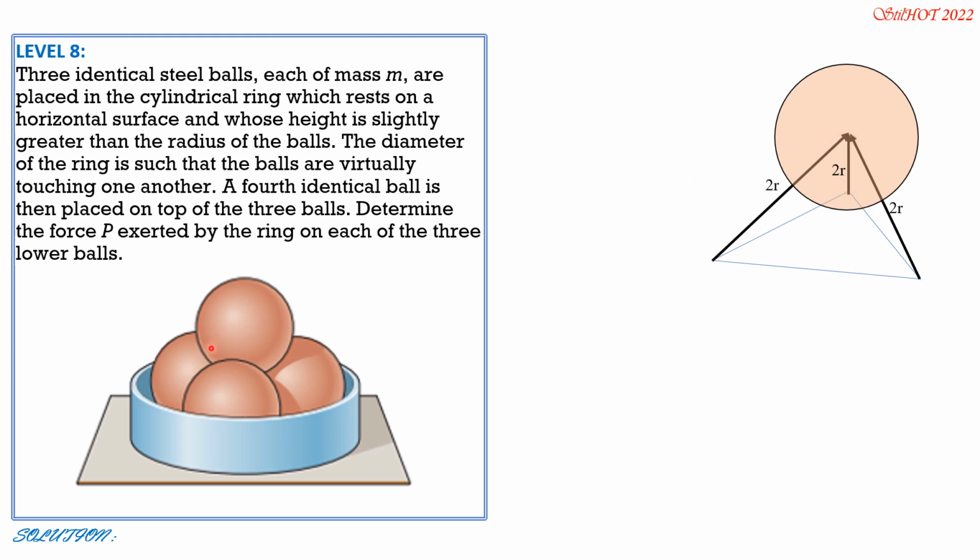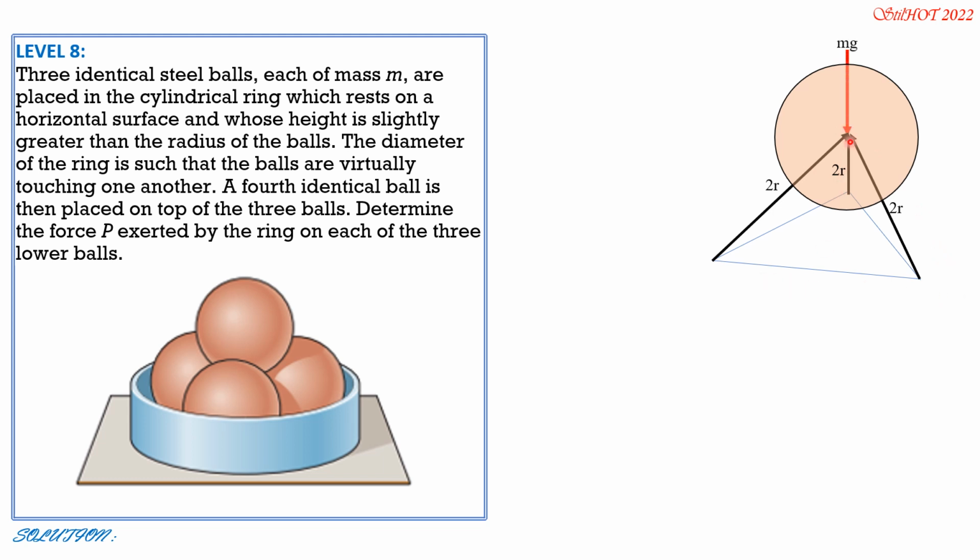So by symmetry, the reactions between the upper sphere and the three lower spheres will be equal. Because this is a regular tetrahedron, and the base is also an equilateral triangle of 2r also, if you connect center to center of the spheres. That's why this is a regular tetrahedron.